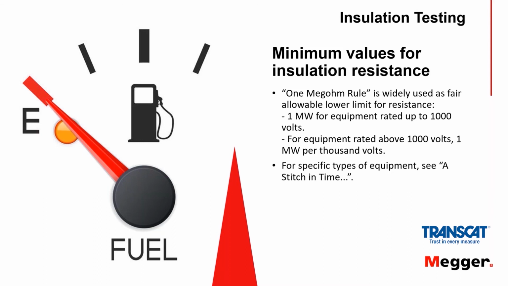So you base your megohm interpretation on the operating voltage of the equipment that you're testing. Keep in mind, however, that that's a drop-dead value. That's just telling you this is worst case. You don't even want to put it in service. It could be a hazard of some sort or other.